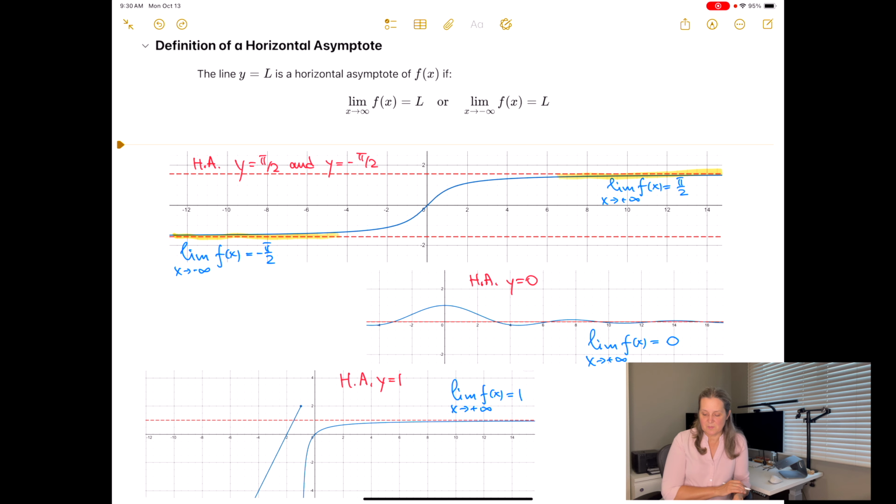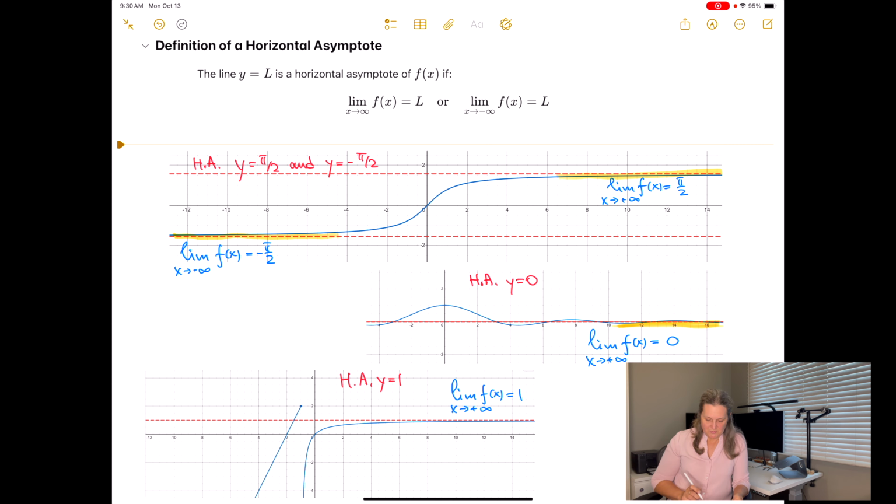In the second example, we see the line y equals 0 is a horizontal asymptote of the function f of x, because the limit of the function f of x as x goes to plus infinity is equal to 0. In this example, you can see how the function f of x crosses its own asymptote infinitely many times.